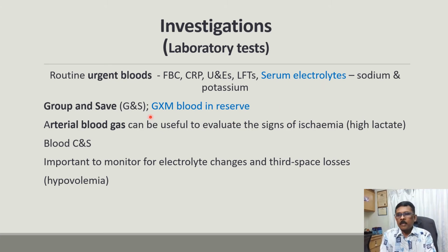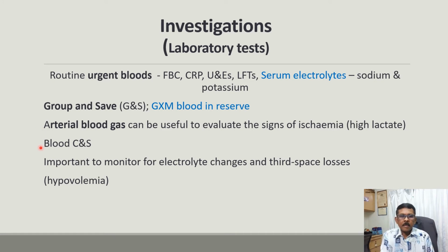Sometimes, if you suspect strangulation, you may have to group and cross-match blood in reserve in preparation for possible surgery. Arterial blood gases, especially the pH of the blood, will be acidic, due to the high lactate, if there is strangulation and gangrene of the bowel.